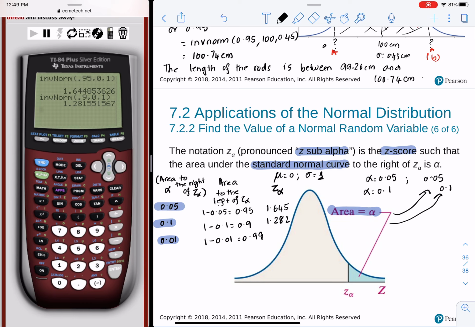Likewise, the area to the left of Z sub alpha or below Z sub alpha is 0.99. So inverse norm 0.99, the mean is 0, standard deviation is 1. We end up getting 2.326.